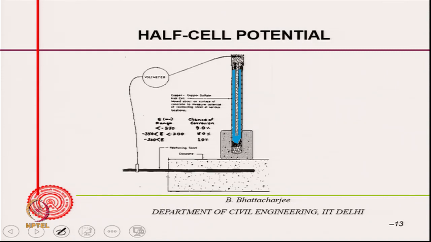So, the American Society for Testing and Materials, ASTM C876, gives you this kind of a setup, where you have got a copper rod which acts as an electrode in a saturated copper sulphate solution.